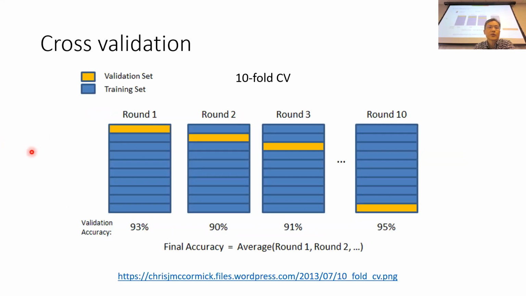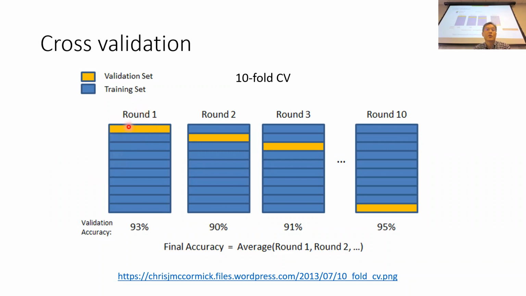When you finish your classifiers, you can separate your input data into 10 random sets if you do 10-fold CV.